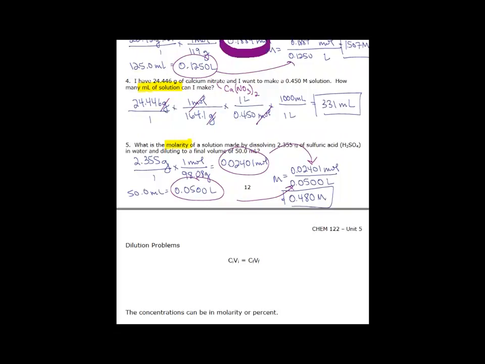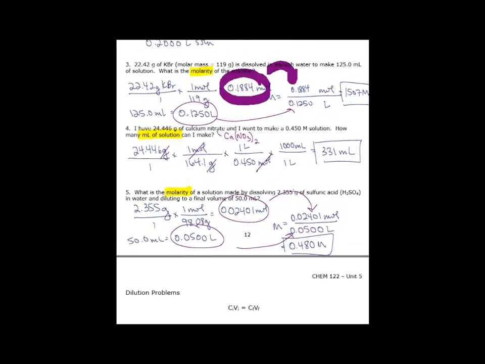We have learned 4 concentrations. We learned mass percent, mass volume percent, volume percent, and molarity. So keep in mind that molarity is the only one that's not a percent.